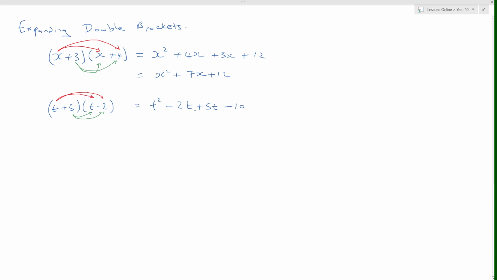And in the middle, we've got two like terms. Be careful of the sign again. It's going to be equal to t squared minus 2t plus 5t gives us plus 3t, and then minus 10.